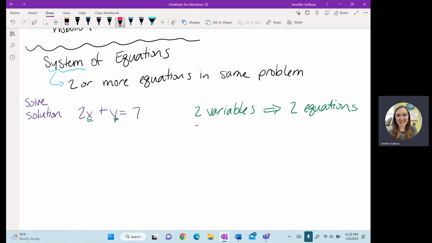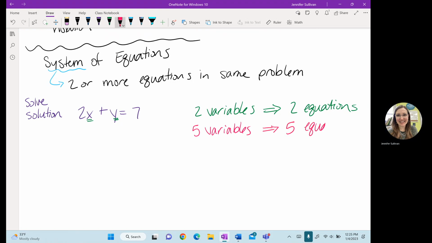If you had 5 variables, you would need at least 5 equations. Isn't that interesting? So, to begin with something here and asking you to solve, I would actually need to give you another equation, like x minus y equals 3 or something like that.